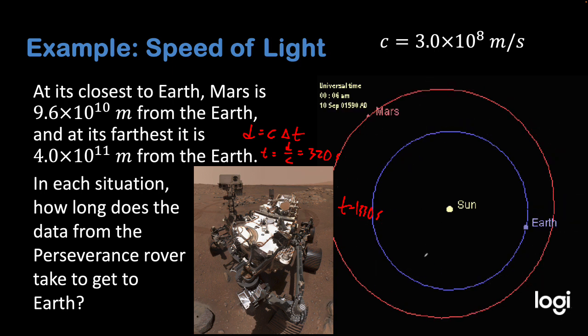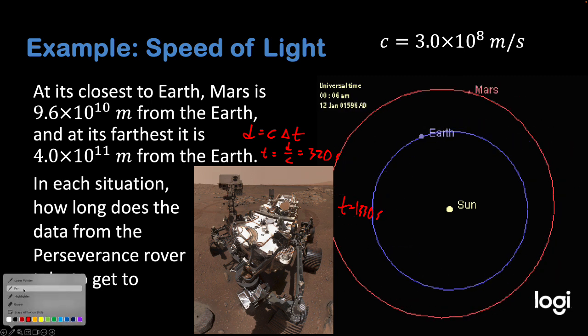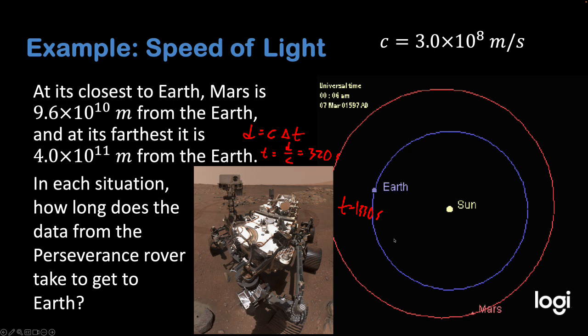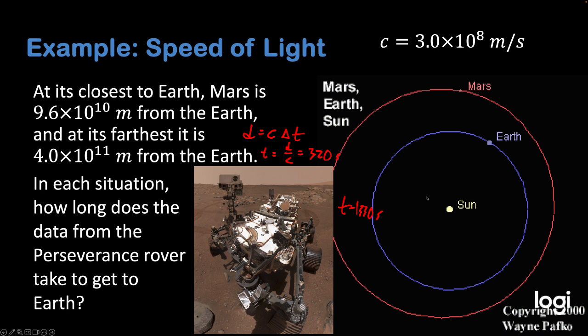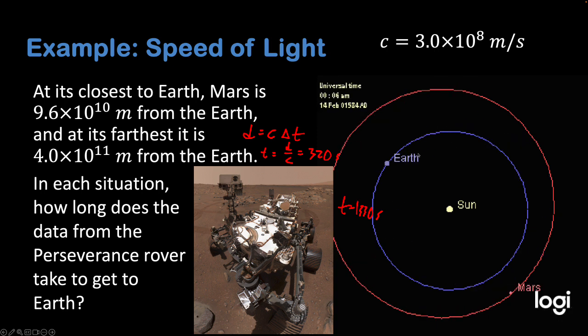So light is not instantaneous. It takes some time. If we have the Earth over here and Mars is way over here on the other side of the sun, it takes 22 minutes to cross. But when we're relatively close by, like this, it only takes about 5 minutes or so for that signal to propagate.